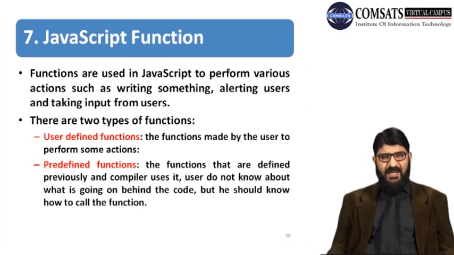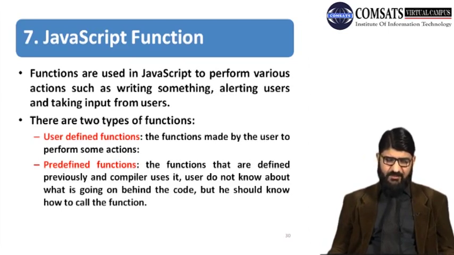The two major categories of functions in JavaScript are, first, user-defined functions. These are functions made by the user to perform a specific action. The other category is predefined functions, which are already defined and can be used by the user.